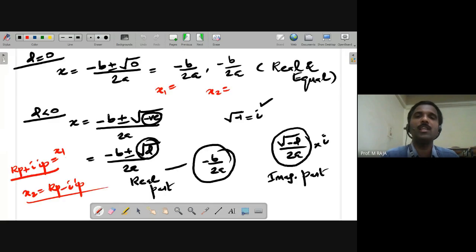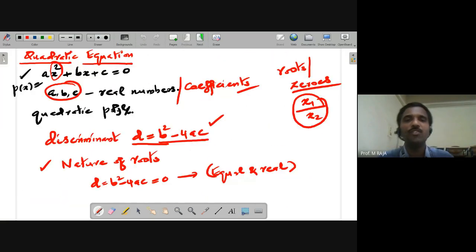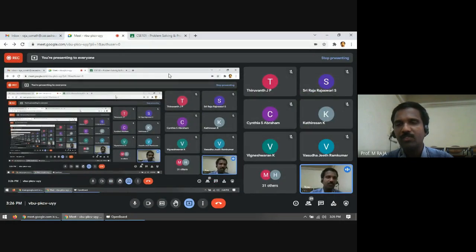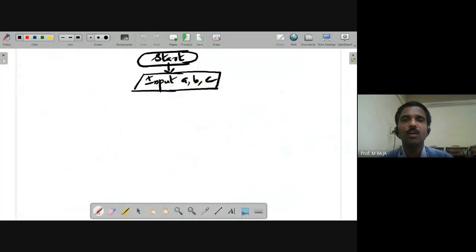After inputting the three real numbers a, b, c, we need to find the discriminant value first. So we are computing here the computational statement, d is equal to b square minus 4ac. Understand?